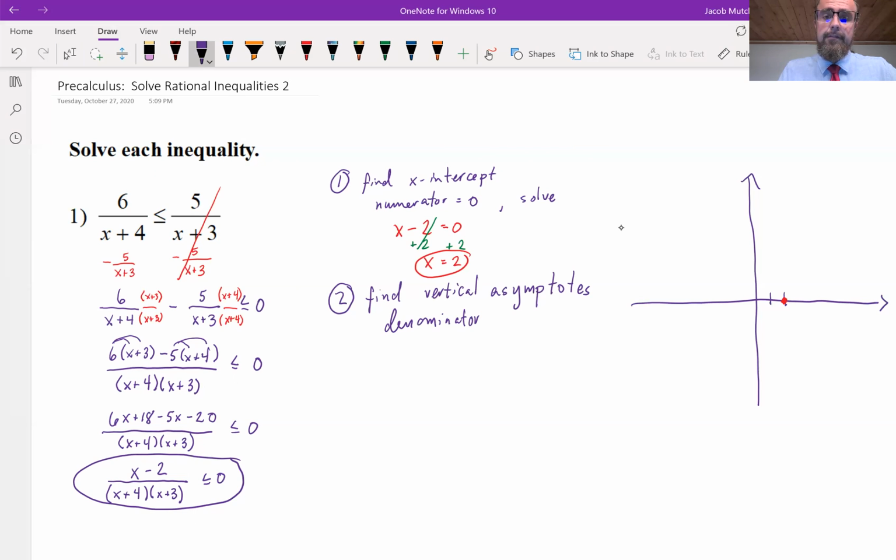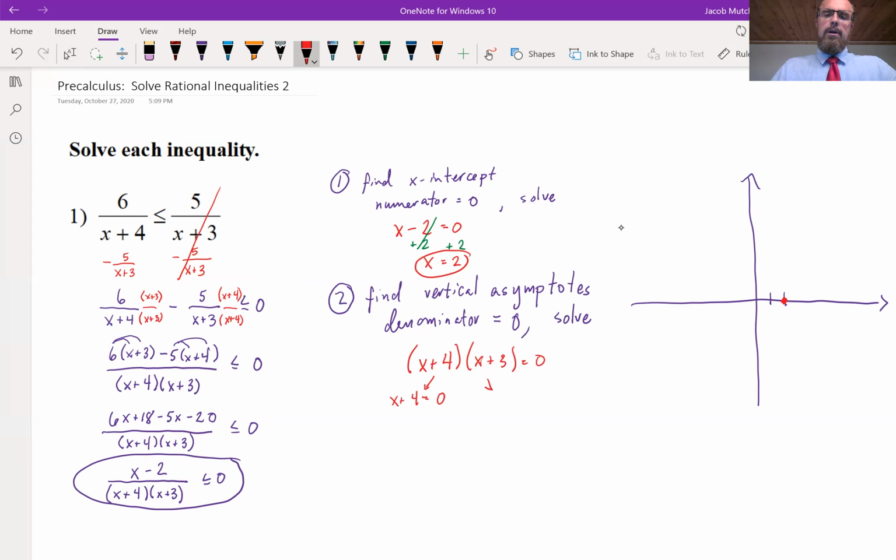So if I divide by 0, that's definitely an undefined operation. So my denominator is going to be x plus 4 times x plus 3. So that's already factored. So I will set each of those small factors themselves equal to 0.